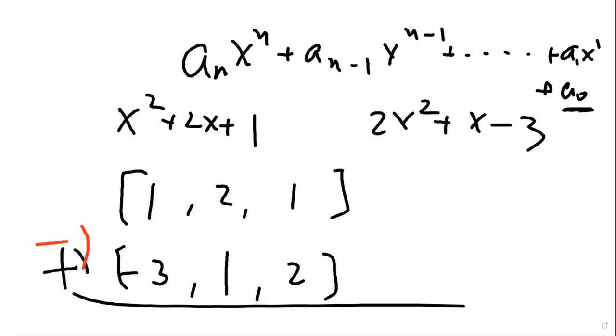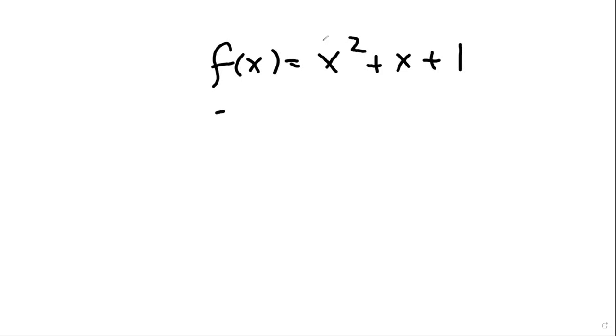Okay. And how about evaluation? So evaluation means that you have f of x equals x squared plus x plus 1, right? So this one is evaluation. What you should do is, let me use a different coefficient. This is a really bad coefficient. So we have 2x squared plus 3x plus 1, okay?